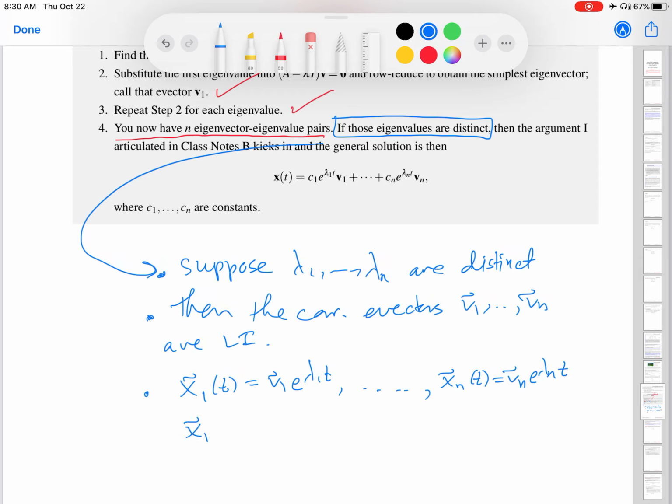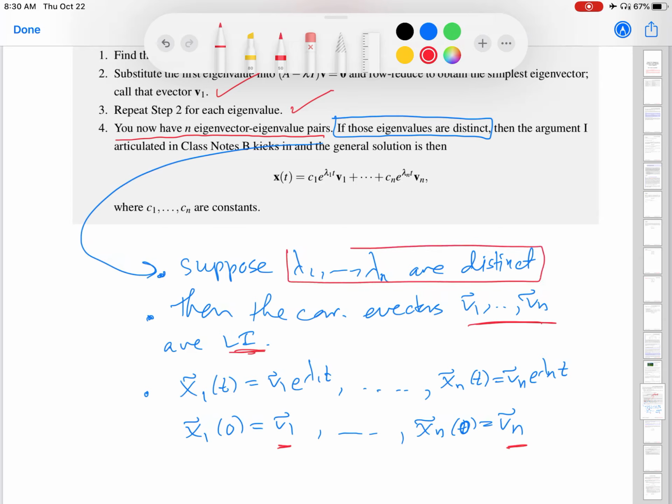If I substitute in 0 for t, notice what happens: at t equals 0, these vector-valued solutions reduce to just the eigenvectors. And if I know that the eigenvectors are linearly independent by this little result, then I know that the vector-valued solutions at t equals 0 are linearly independent.